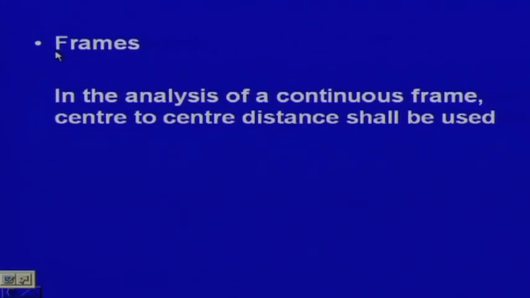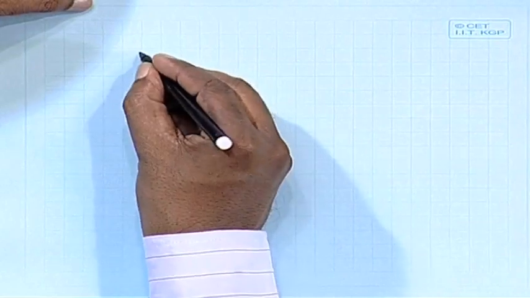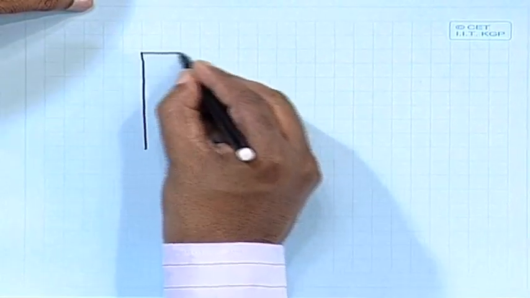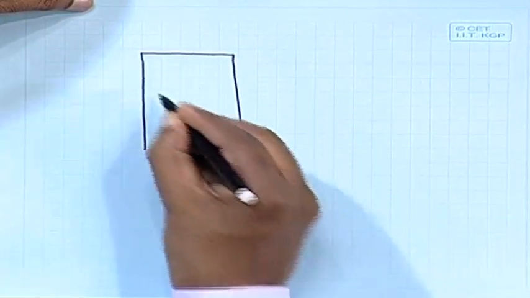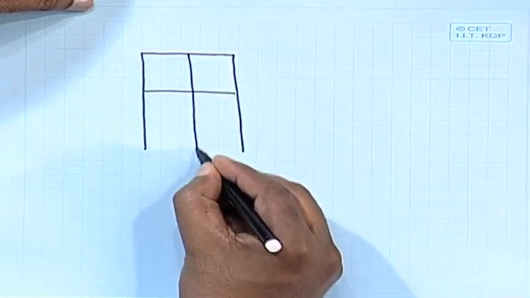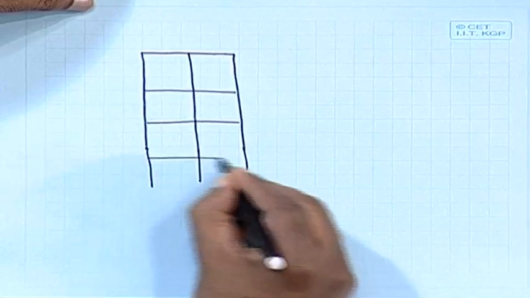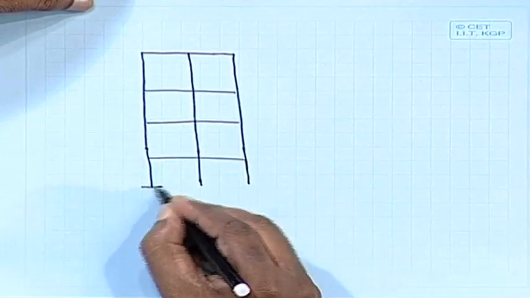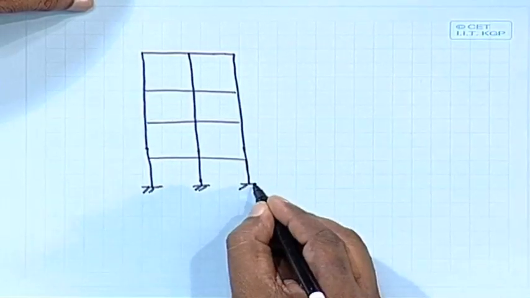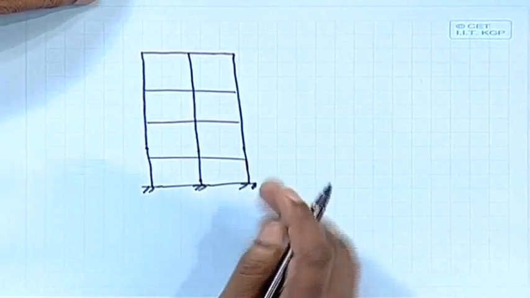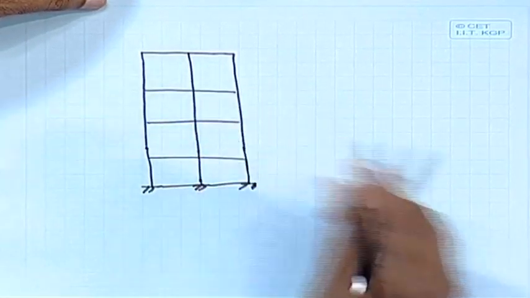But what about frames? Because we have to analyze the problem, we need this for analysis purposes. If it is a frame structure, which we can analyze with different methods, by any program, still nowadays we do it. So, in this case what will happen?